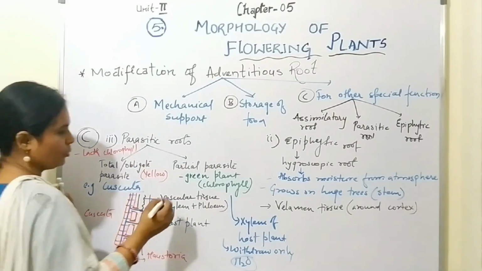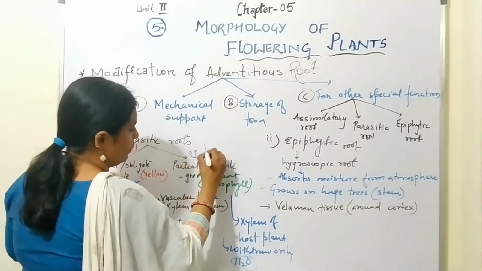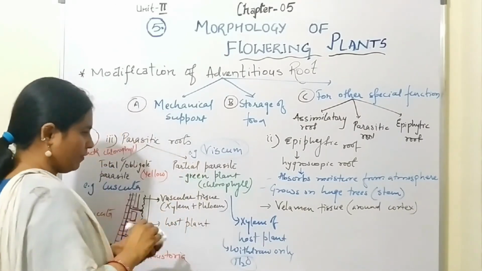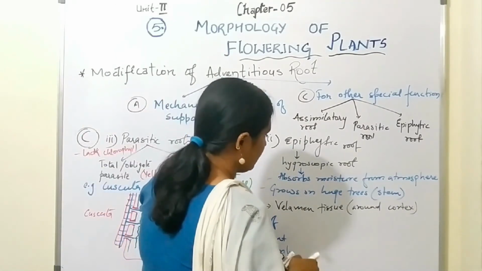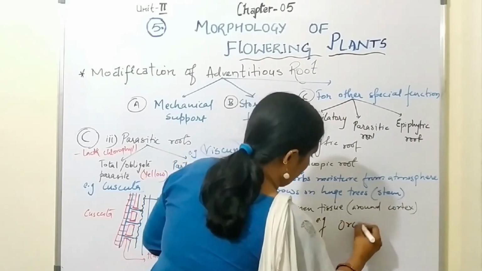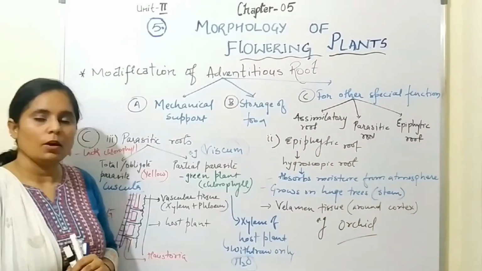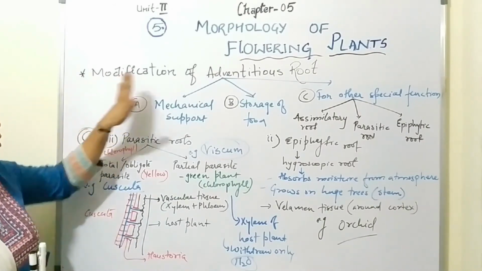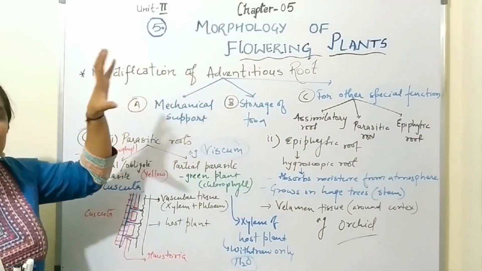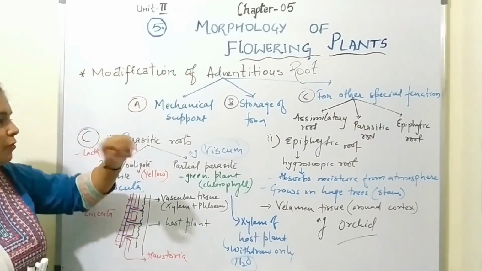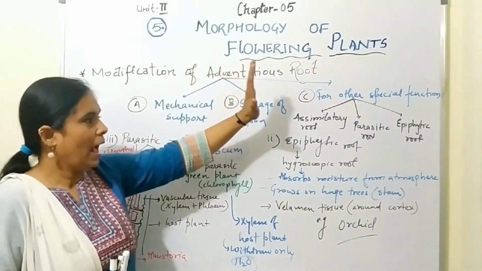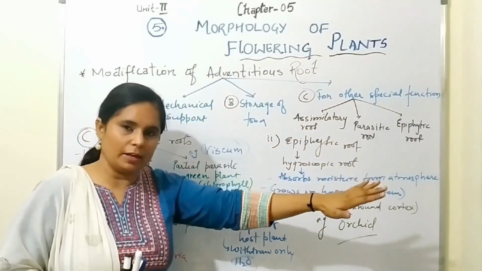The example here is Cuscuta and the example here will be Viscum. And I forgot to give an example here. Here the example will be your favorite orchid. So we have learnt about the modification of adventitious root. The adventitious root is modified for the function of mechanical support, storage of food, and other special functions.